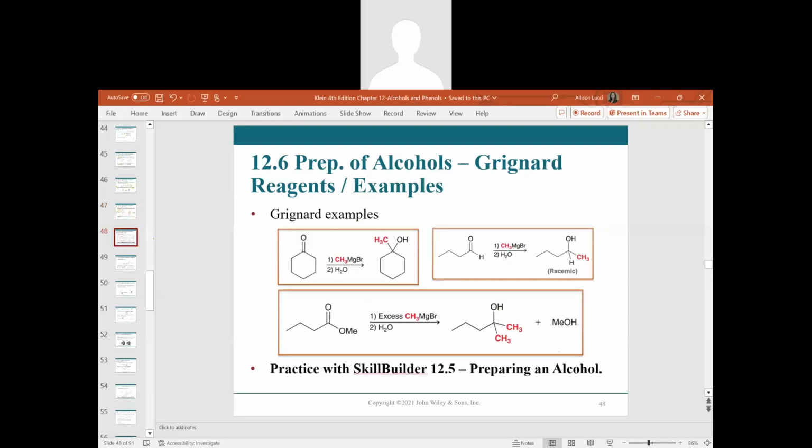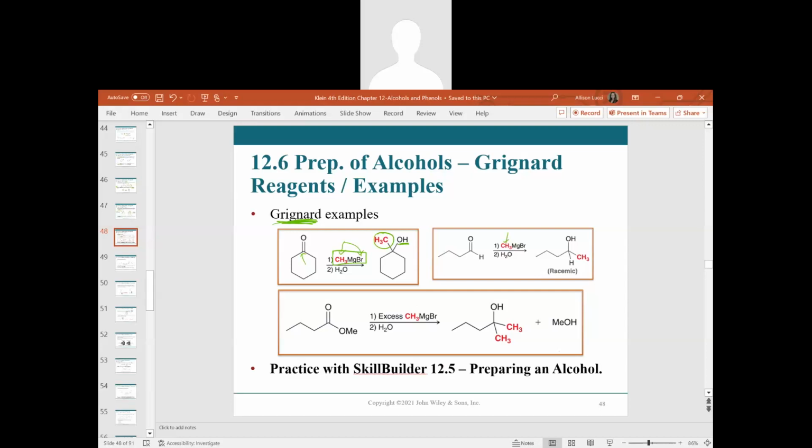So what we have here are some specific examples. Say we have this methyl group as our R group in our Grignard reagent, obviously prepared from methyl bromide. We have that nucleophilic attack, right, on our carbonyl, and we have now added our methyl group and reduced our carbonyl to an alcohol over here. So both of those things happen with that reagent. Same thing here.